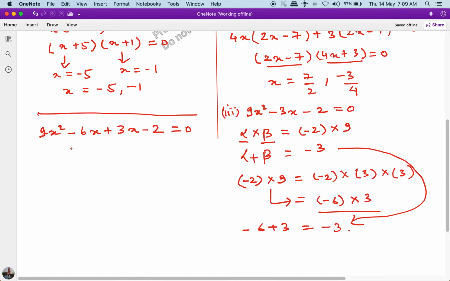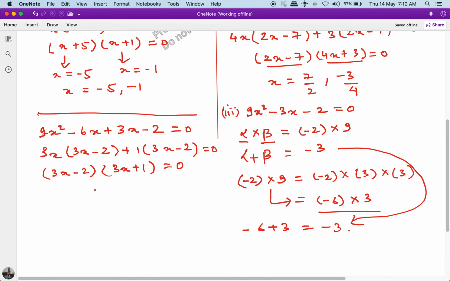This will become 3x into 3x minus 2 plus 1 into 3x minus 2 equal to 0, and this will become 3x minus 2 multiplied by 3x plus 1 equal to 0, and this will be x equal to 2 by 3 or x equal to minus 1 by 3. These are the two solutions of this equation via factorization.